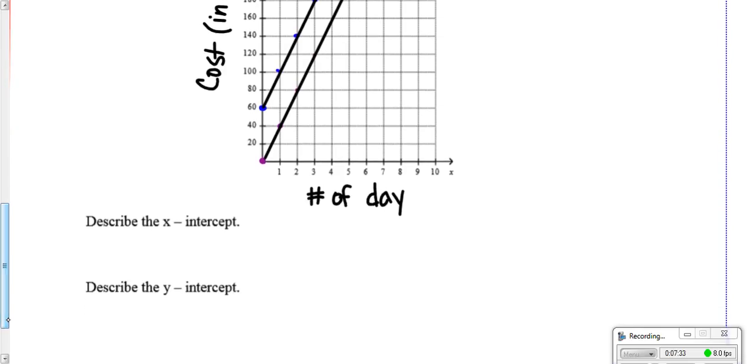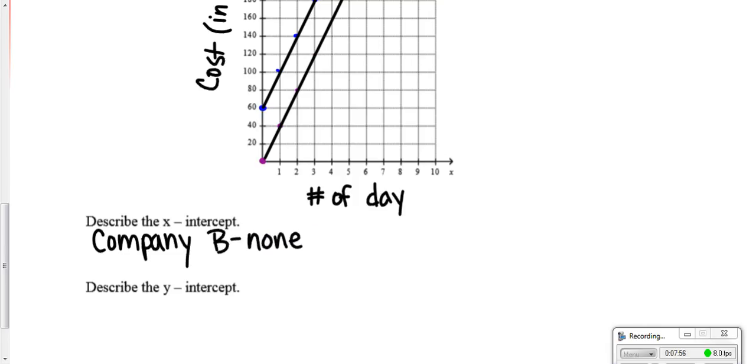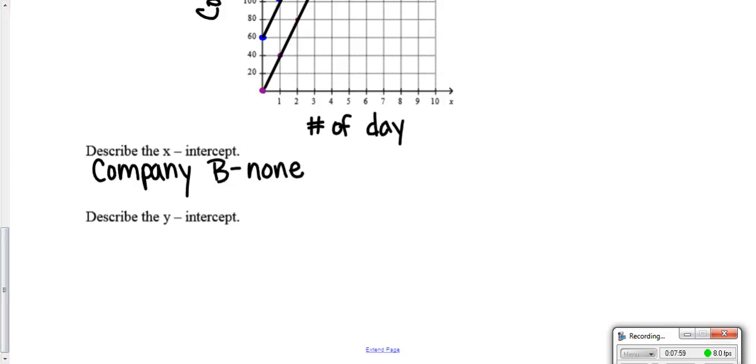Now the last thing is it says describe the x-intercept, describe the y-intercept. So notice company B does not have an x-intercept, so I'm going to go ahead and write in that company B has none. And then for company A, I'm just going to write it under the y-intercept because it can share. As we describe the y-intercept, we are going to combine both the interpretations of the axes.